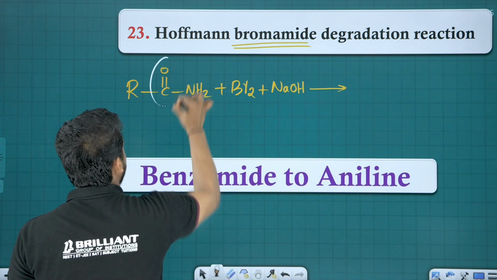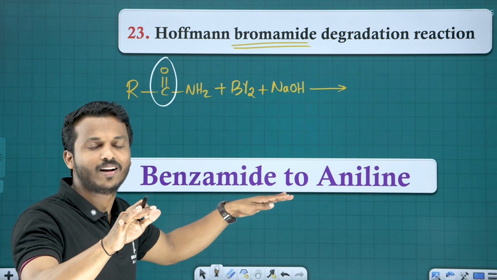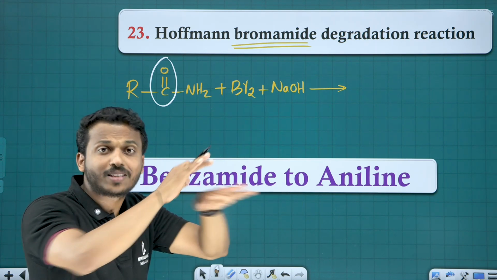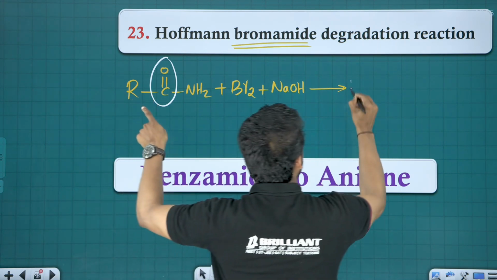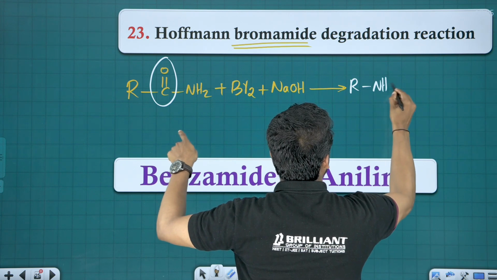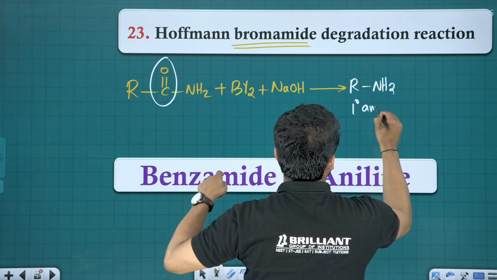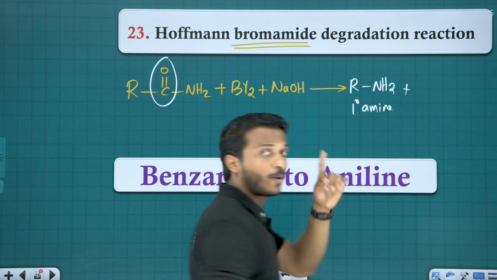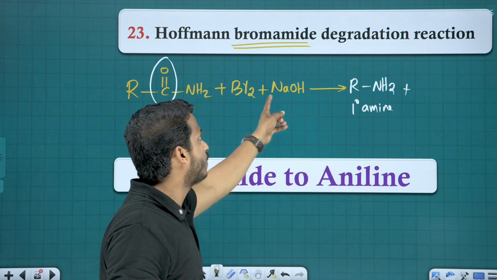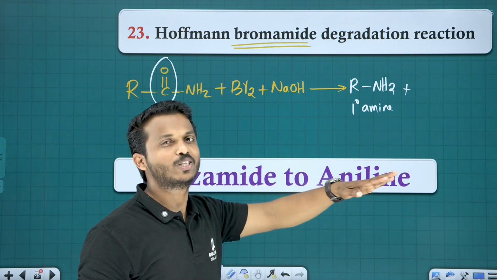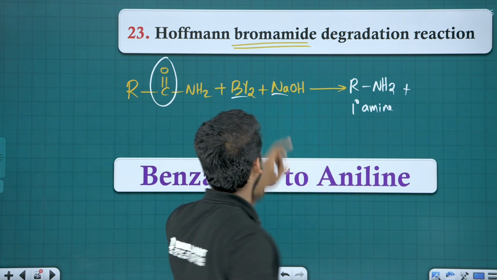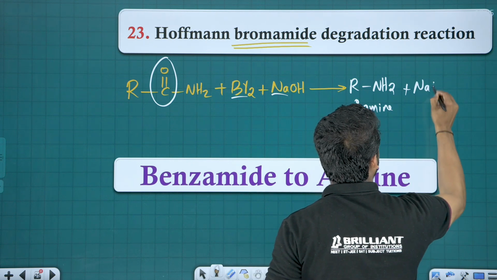Very simple. Cut the CO group from the amide. What is left here? RNH2. You will get a primary amine, right? Plus the byproducts. Keep in mind, if the base is NaOH, the byproducts are always the same. Na combined with Br gives NaBr.